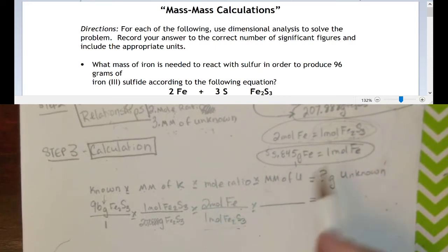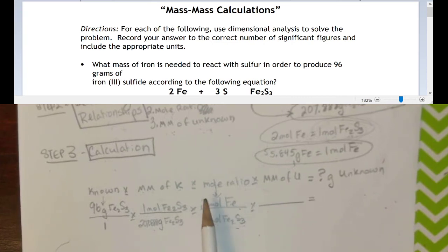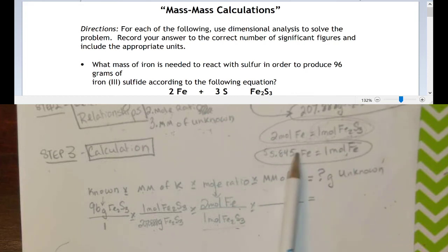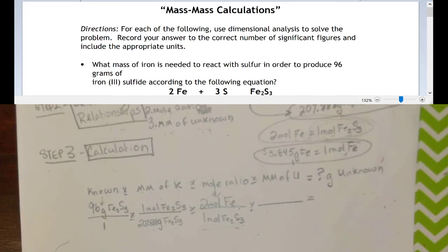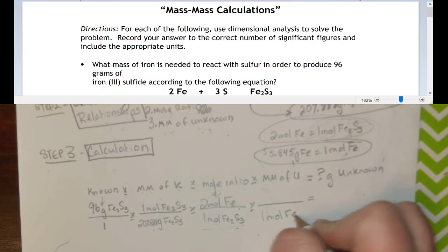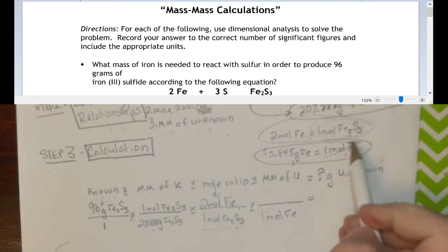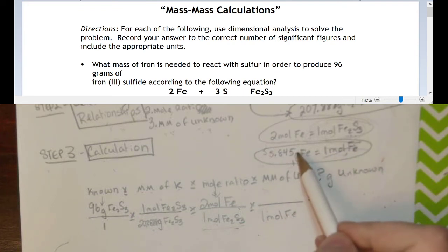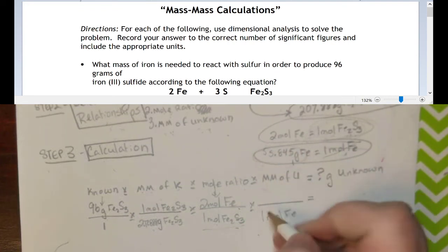Remember, the choice of what goes on bottom and what goes on top is really dependent on what the unit is on the top of the previous fraction. Note here it's moles of iron. Make your decision about whether moles or grams of iron should be on bottom. That's correct. We do want 1 mole of iron on bottom. Since we use this part on the bottom portion of this fraction, the other half of the equal sign goes on top.